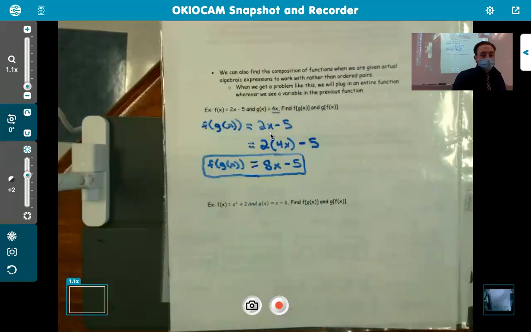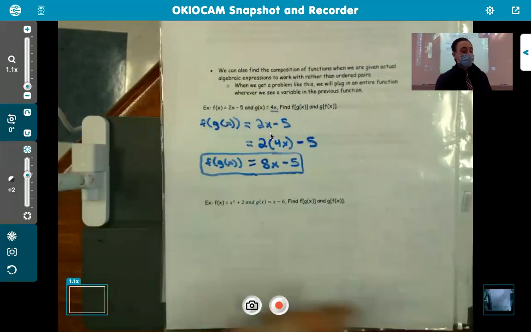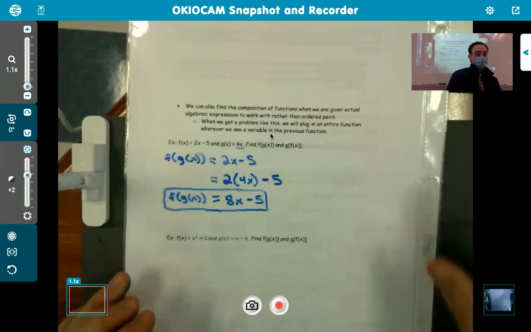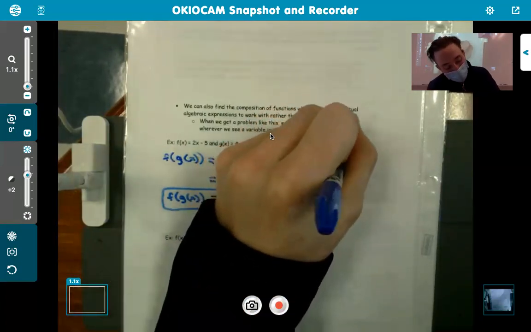It's a little bit easier to work with, maybe, than mapping different values and points and stuff like that. Can do the same thing for g of f of x.